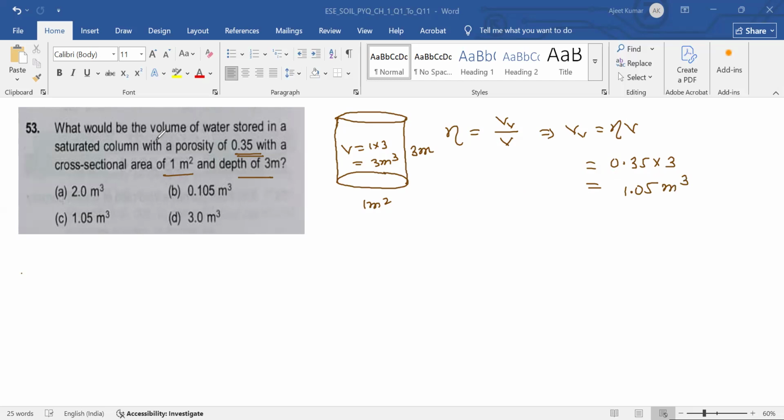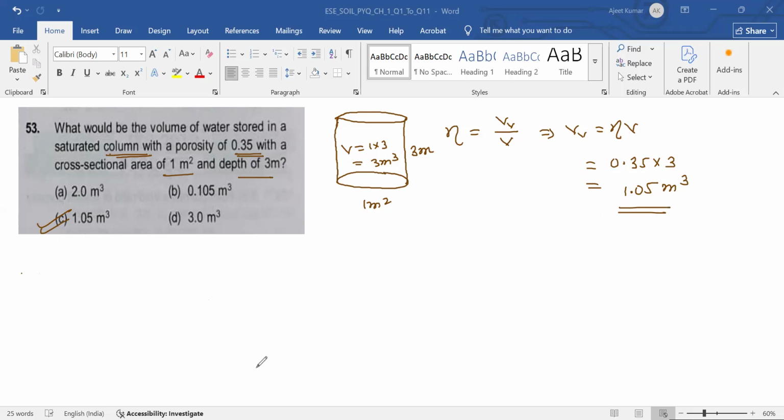So in a saturated column, the volume of water stored will be exactly equal to the volume of voids, which is 1.05 meter cube. So option number C is the correct answer.